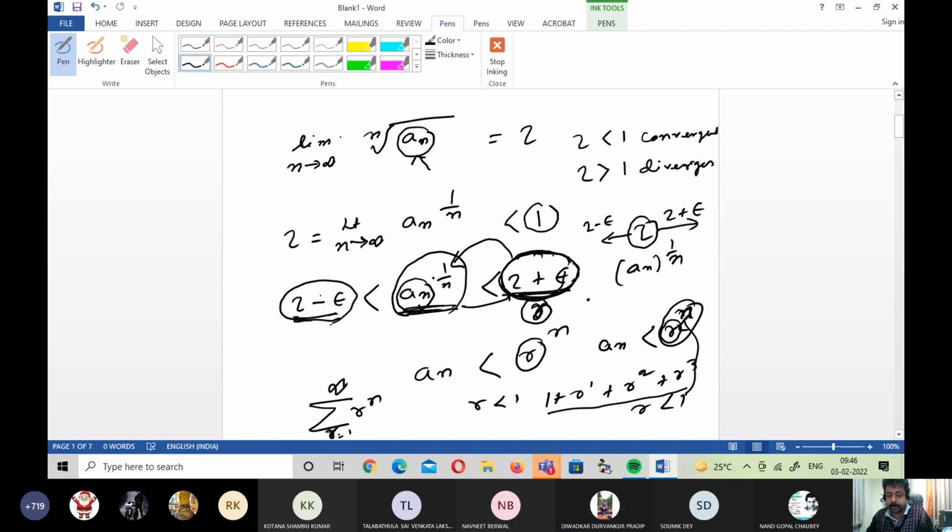Sir, in the previous one, we took comparison, so why should we use the equal sign? In the previous one, the P series. Sir, when we take a higher series, it will not be an equal sign.